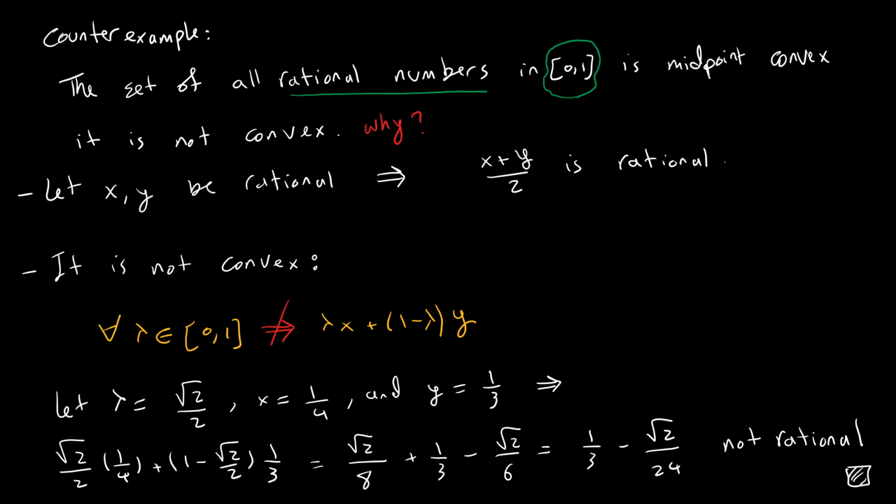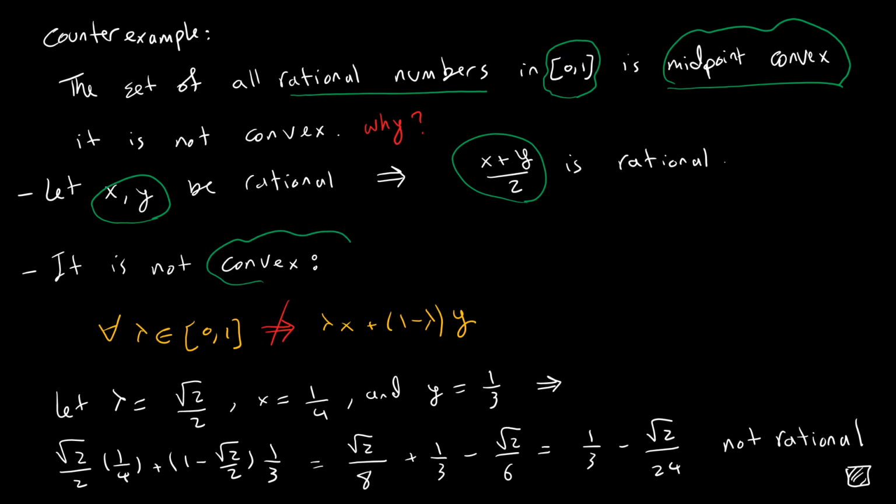This set is midpoint convex. Why? Because if you take any two rational numbers x and y and then add them and then divide by 2, then you're going to get a rational number. So this set is obviously midpoint convex. However, this set is not convex.